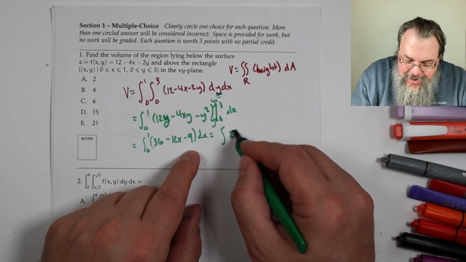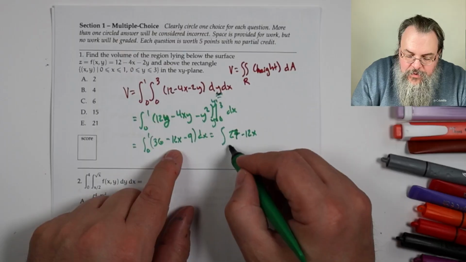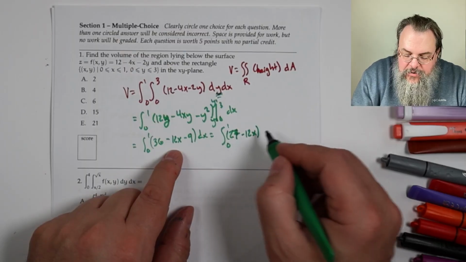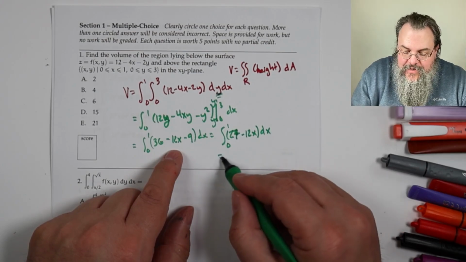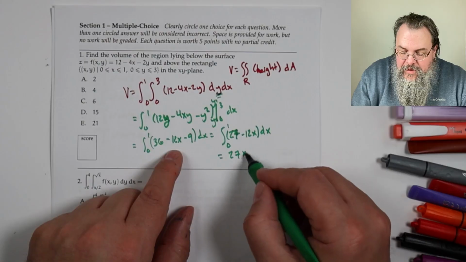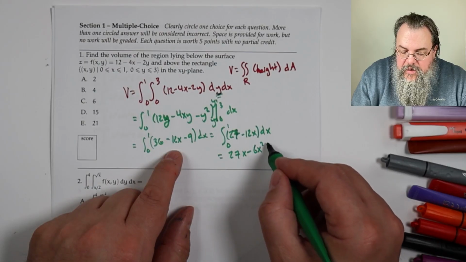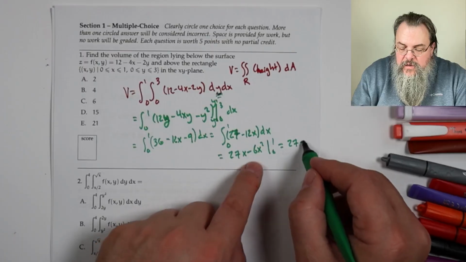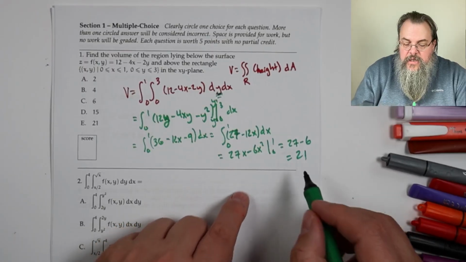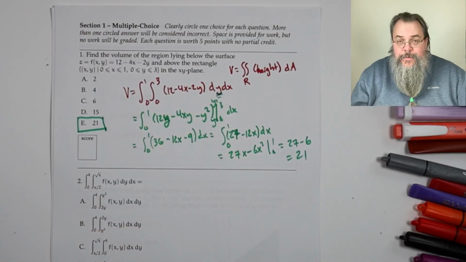Oh my gosh, 27. Yeah, check yourself before you wreck yourself, right? Like the great philosophers of mathematics would say. All right, so this is 27x, and the integral of 12x will be 6x squared. Evaluate 0 to 1, which gives us 27 minus 6, or 21. And that's an option. And there we go.